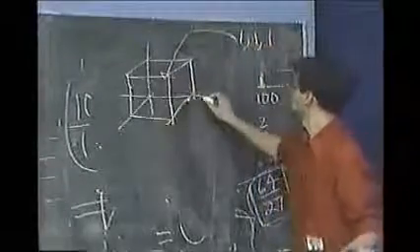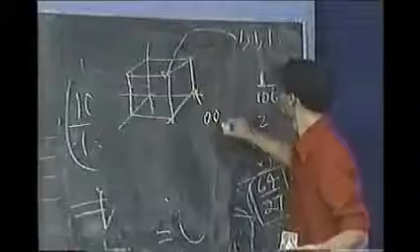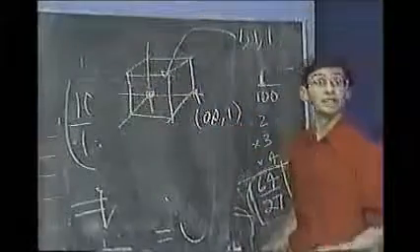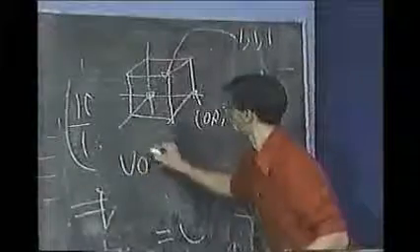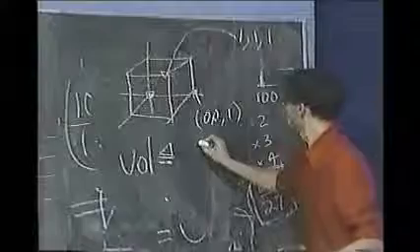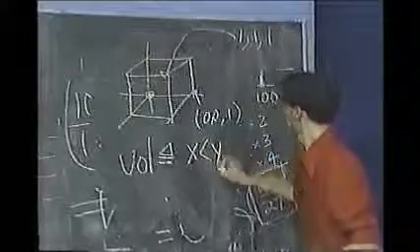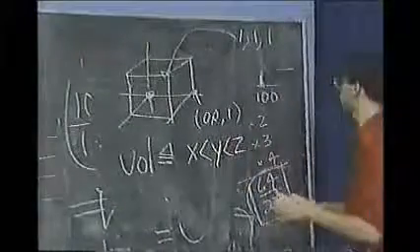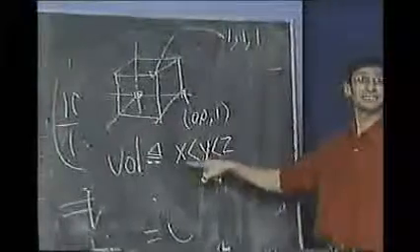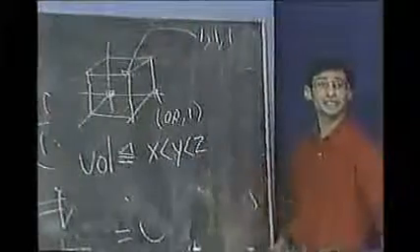So here's your points 0, 0, 1, etc. So it's a unit cube, and here's your origin. Find the volume of the region defined by x is less than y is less than z. Funny problem.